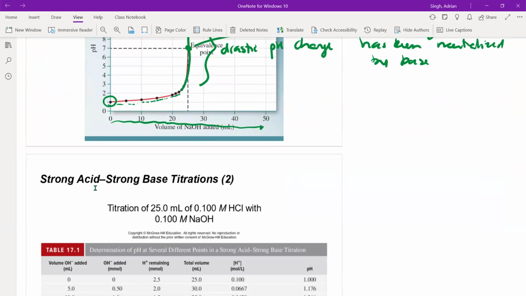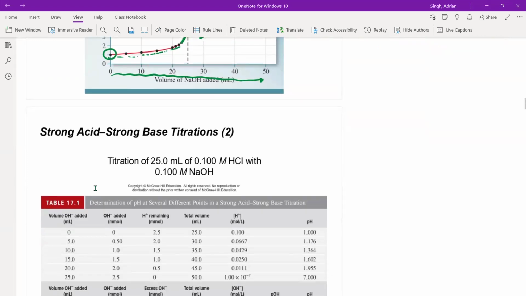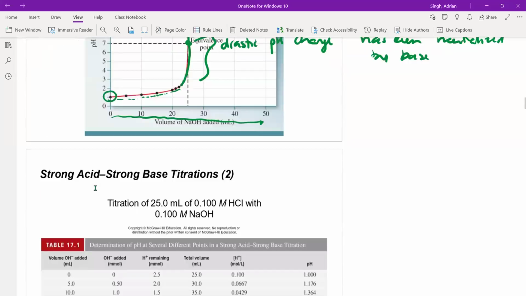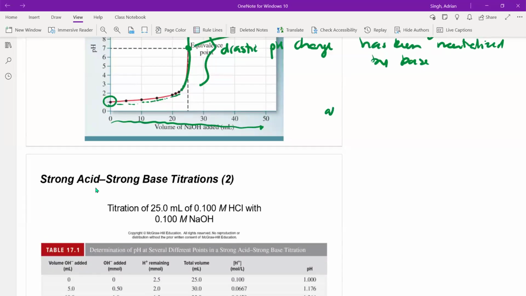So let's take a look at calculations that we can do to help us study this in a little bit more detail. All right, so let's take a look maybe initially at a starting point in this. And we can calculate the pH, by the way, at every single point in this process. So let's take a look at calculating the pH after 10 mLs.